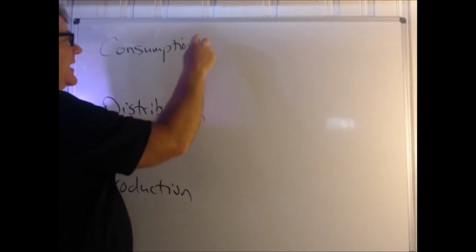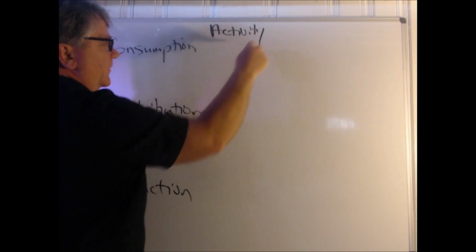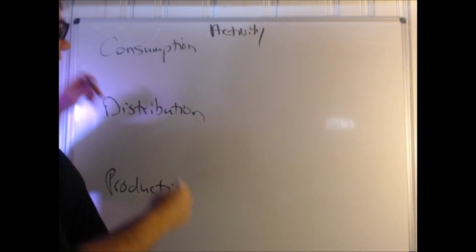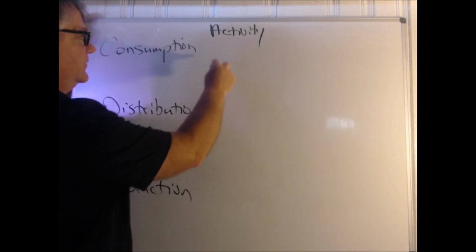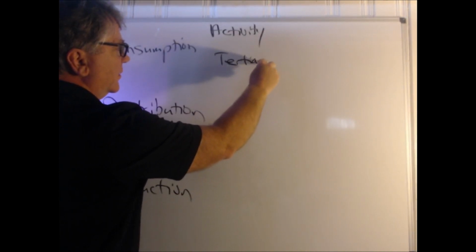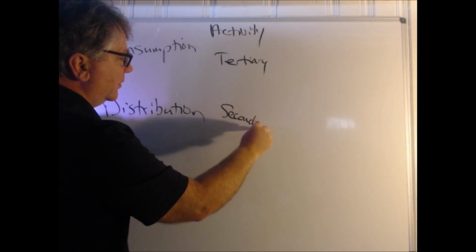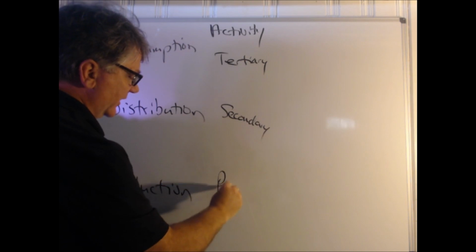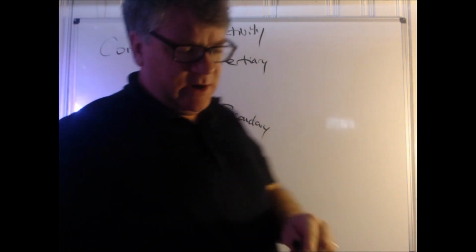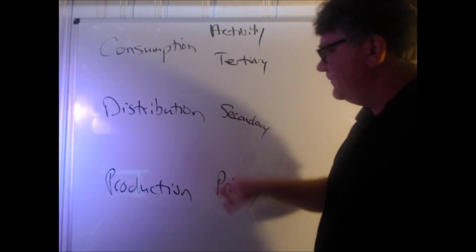So, economic activity, we'll put this up here. Hopefully you can see that. So we want to talk about the tertiary sector, secondary sector, and primary sector. Now, it's an important point to note here that these don't necessarily go together, okay?